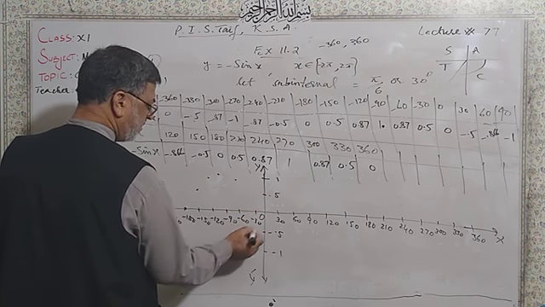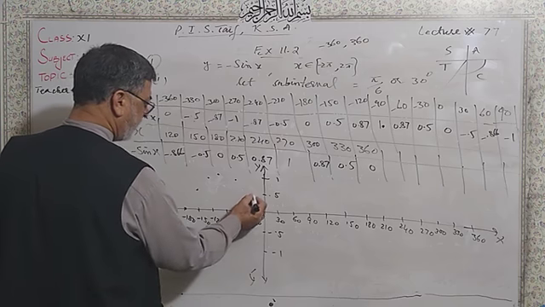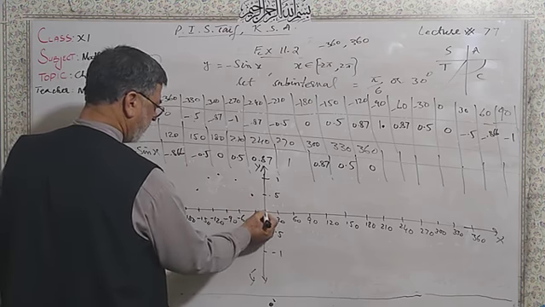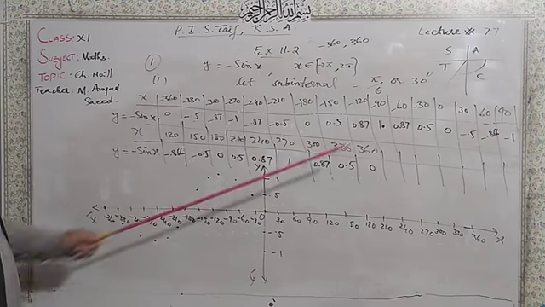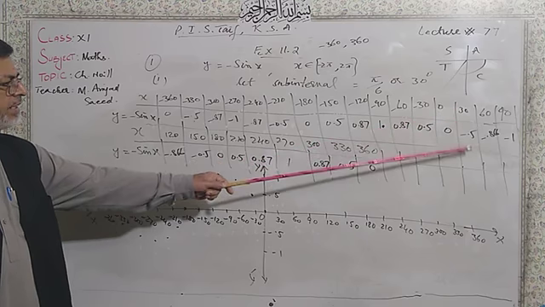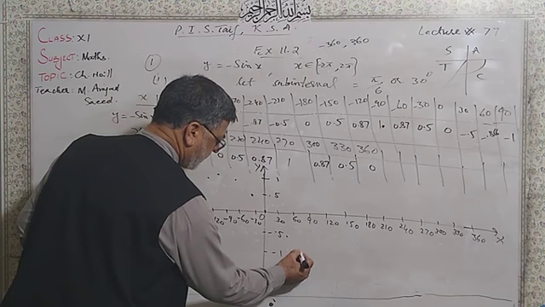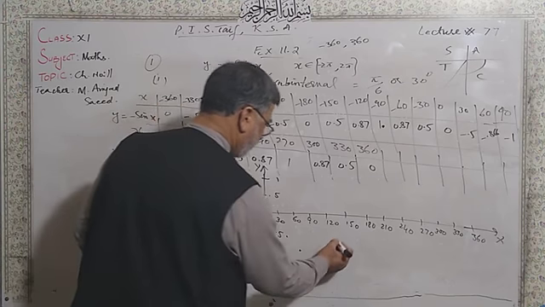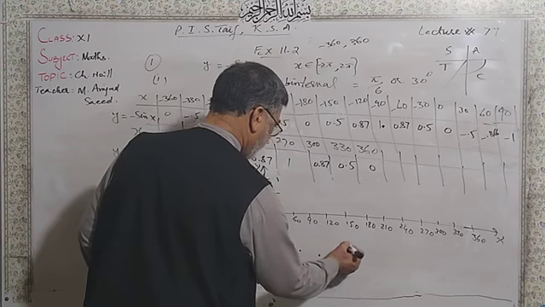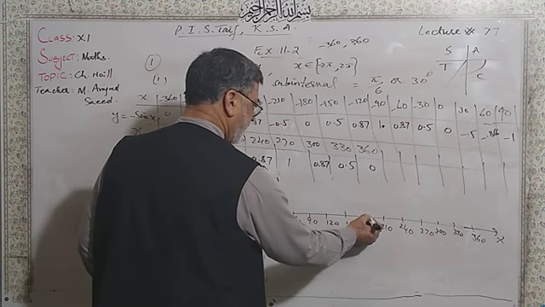Minus 30 is 0.5. And 0 is 0. After that, 0, 0, 30 is minus 0.5. Then 60 is minus 0.9. 90 is minus 1. 120 is minus 0.9. 150 is minus 0.5. 180 is 0.